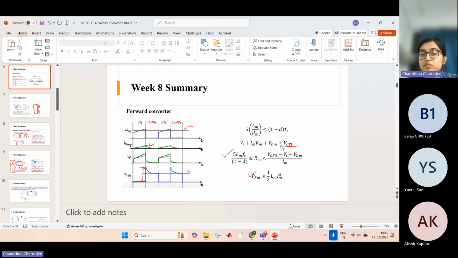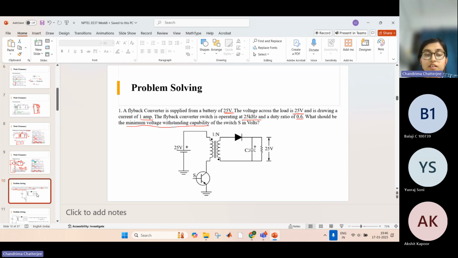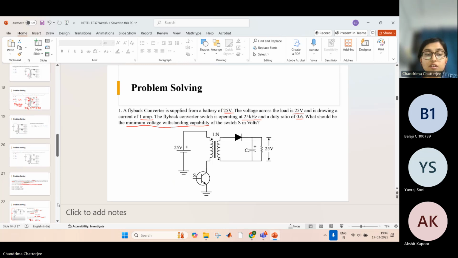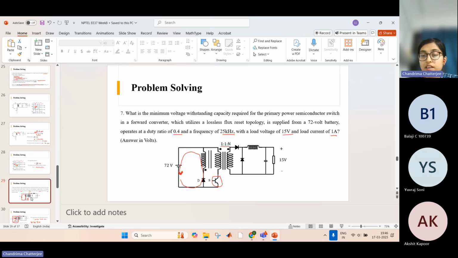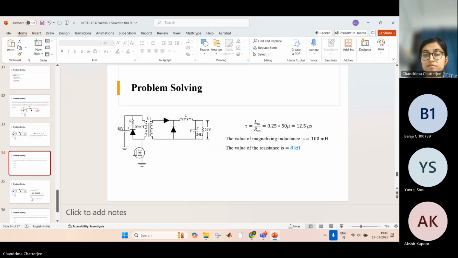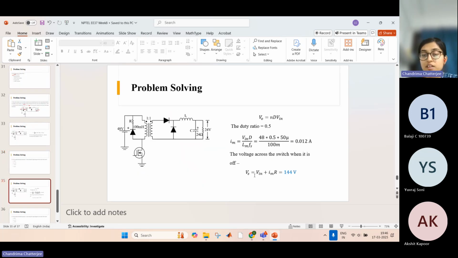And we also discussed that this should be lesser than the voltage rating of the switch. So that's what we have written here also. The diode voltage drop is not considered because the diode is ideal here. Okay. So this is the switch voltage.